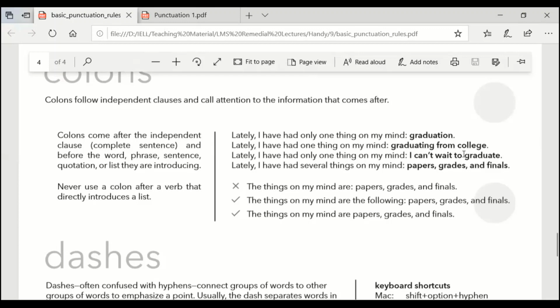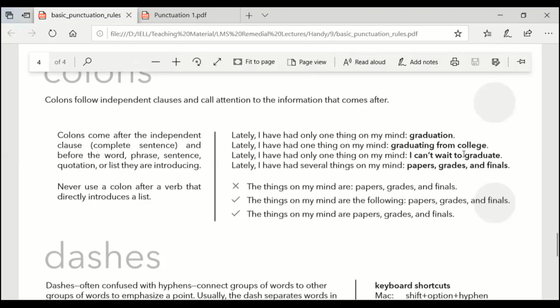But this is the main idea that we want to draw someone's attention to, to clarify what we were talking about. I have had only one thing on my mind, and that is graduating from college. That is the thing I'm talking about. So before that thing, we would use a colon.